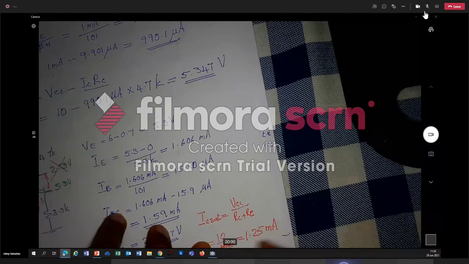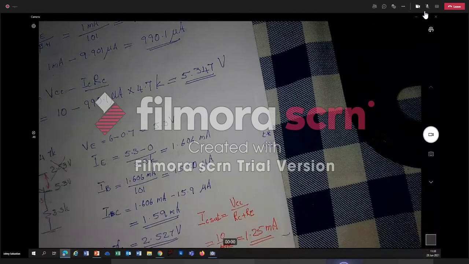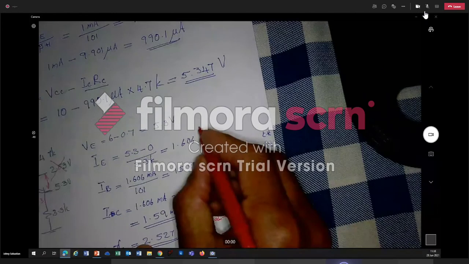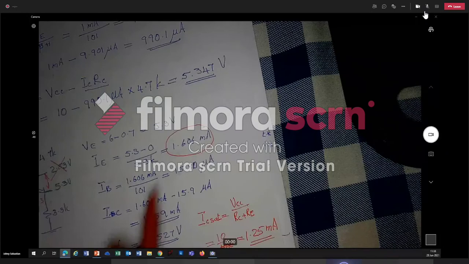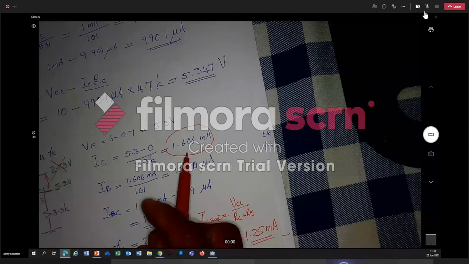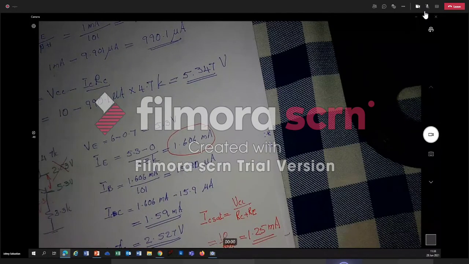Collector current is going to increase up to 1.25 milliampere, and after that, current cannot increase. This is a condition. Base current increases, collector current fails to respond. We have learned that before. See, this current is not possible, because the BJT is entering into saturation.